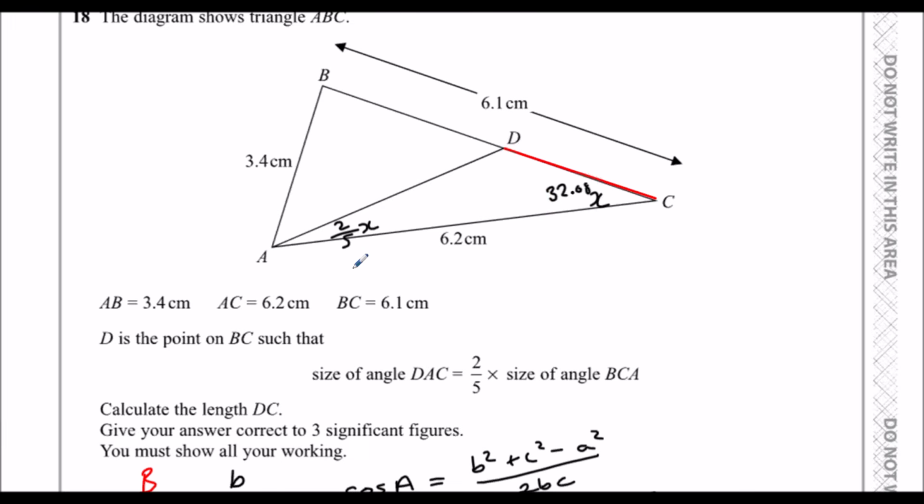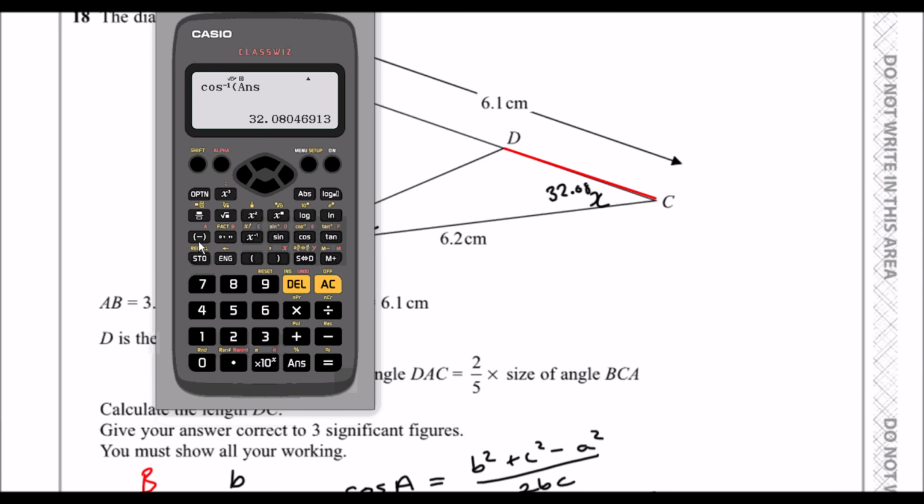This angle here is 2/5 of that. So let's store 32.08 as C. And 2/5 of that answer is 12.83.